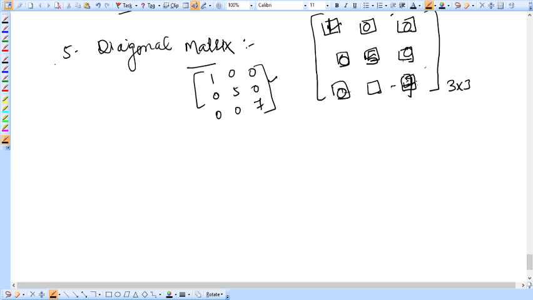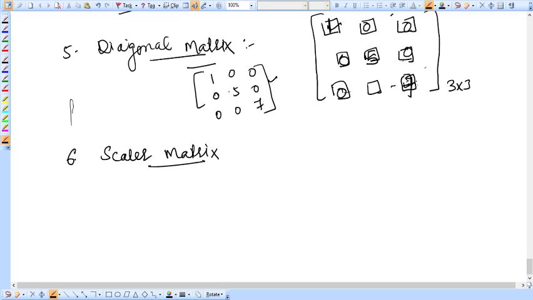Now the scalar matrix. A scalar matrix is a diagonal matrix, and a diagonal matrix is a square matrix. If you take a rectangular matrix, it can't be a diagonal matrix.